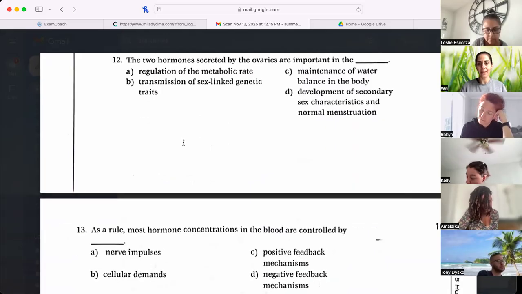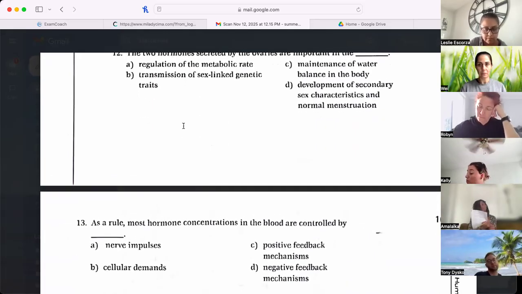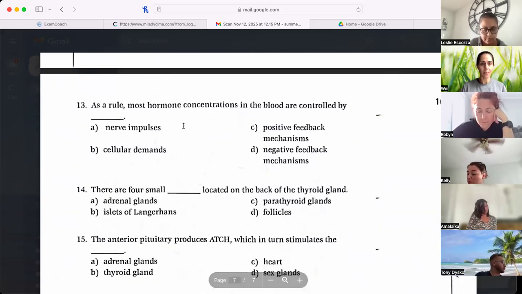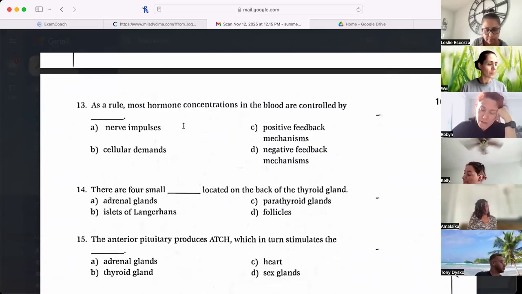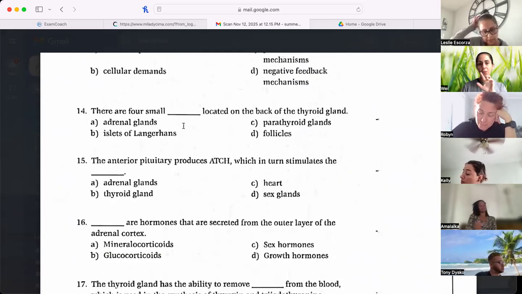That's D, correct? Yeah, D as in David. Okay, now let's see. Robin, 13. As a rule, most hormone concentrations in the blood are controlled by D, negative feedback mechanisms. Correct. Alrighty, let's do Kelly.